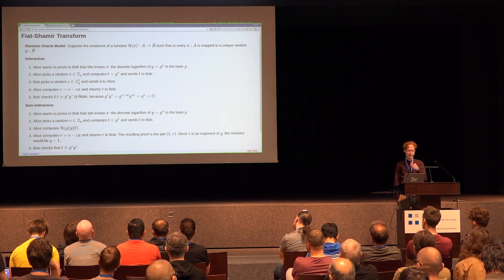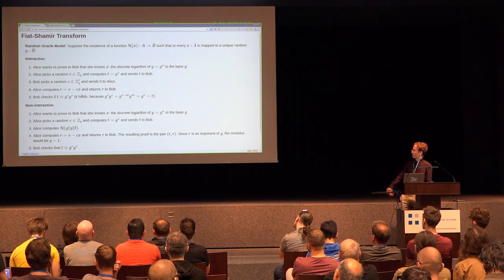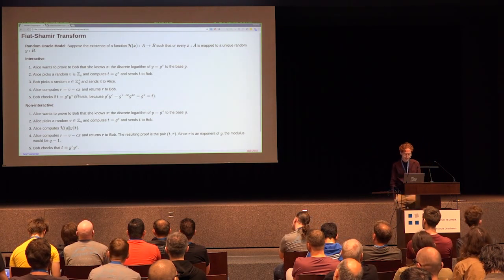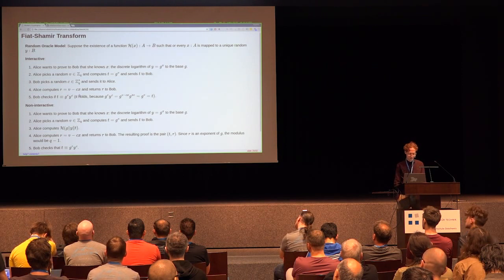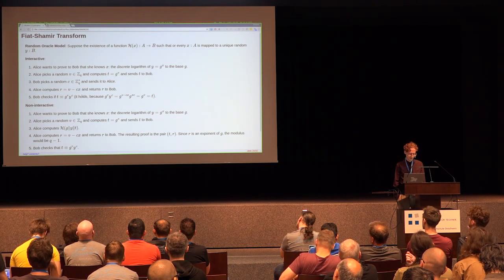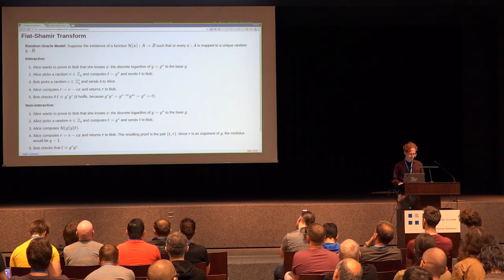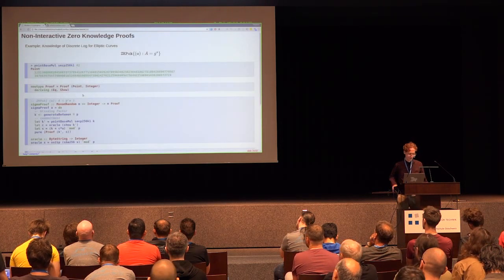And the hash function is required to be not reversible, so it is computationally difficult to come up with the pre-image of this hash function. And then they proceed to basically compute the verification of those elements in a way that only requires one back and forth. So these are quite useful.